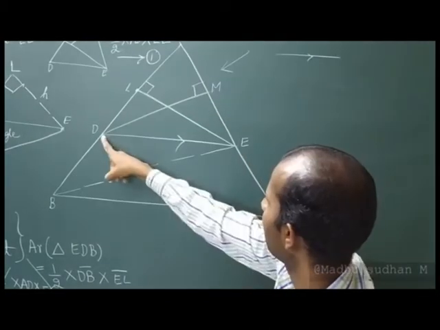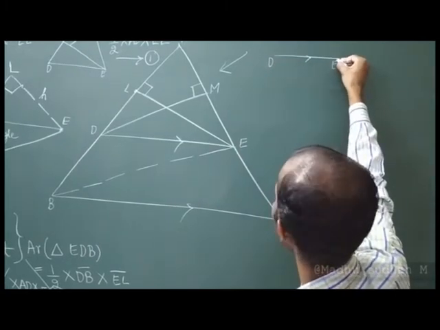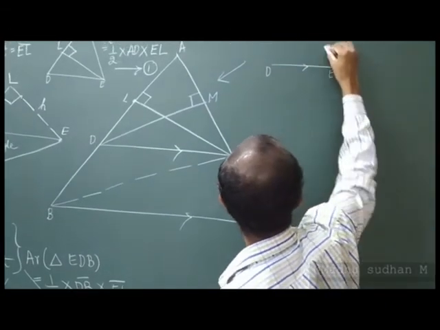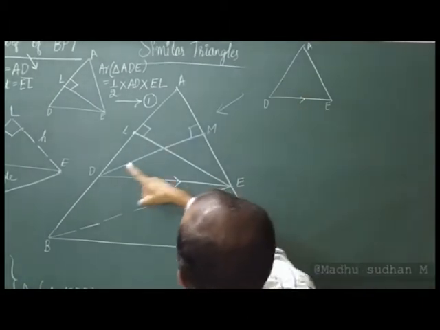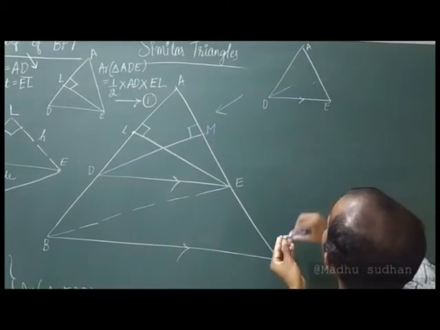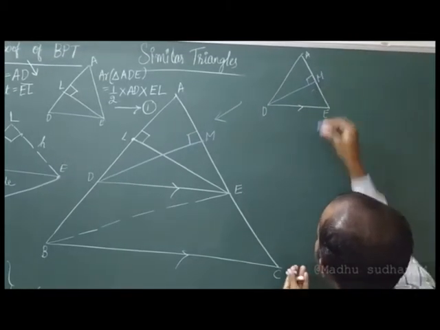Parallel here, DE and EA. So let me write, this is A here. Let me join this part. And DM. So let me write this D and M. DEM. So this is perpendicular now.